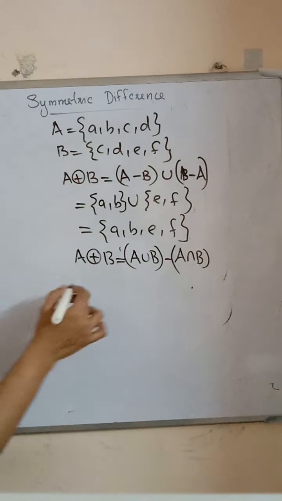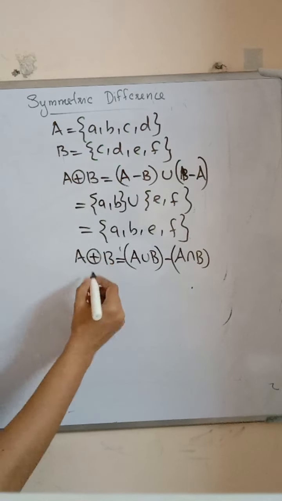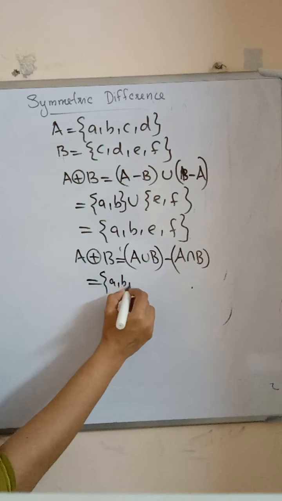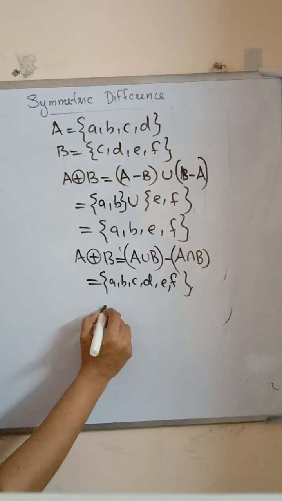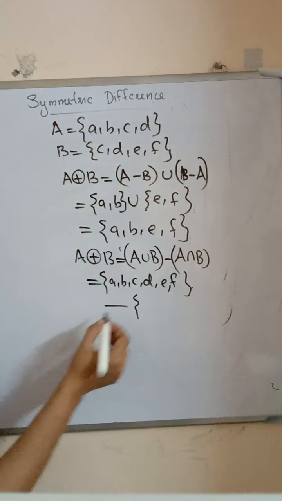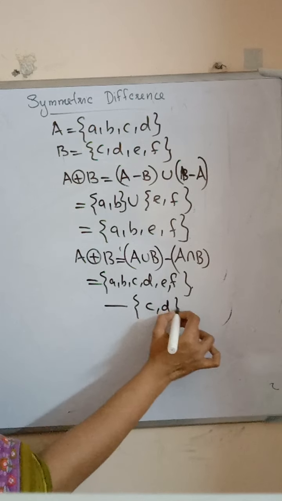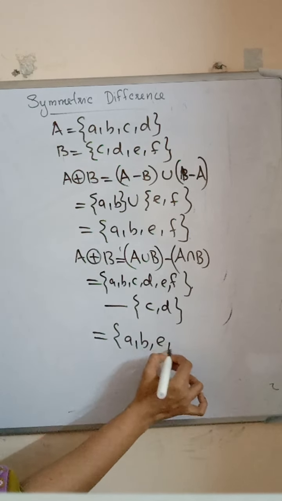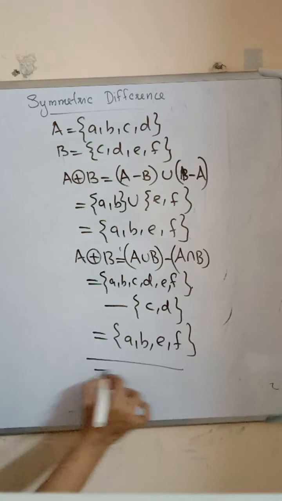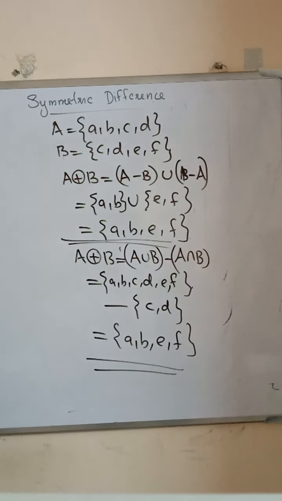That is, A union B is set {a, b, c, d, e, f}, and A intersection B is set {c, d}. So the difference is set {a, b, e, f}. Okay, so A Δ B can be calculated in either of these two ways.